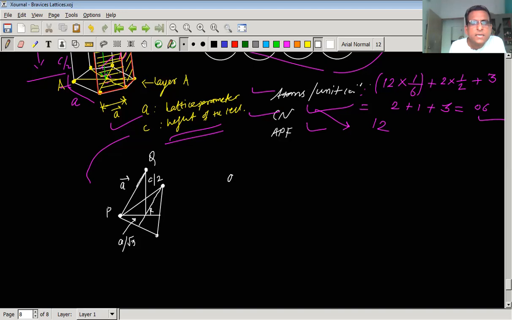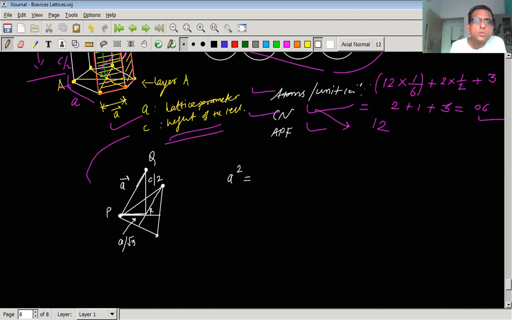So we can write A square is equal to, this side happens to be A by root 3.